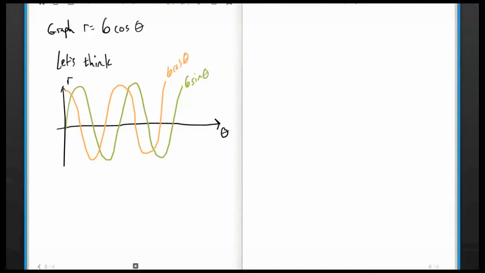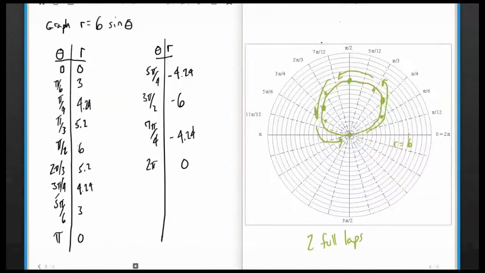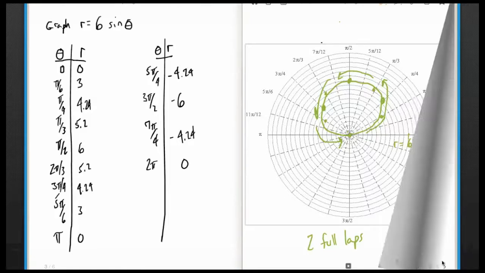So rather than making the whole same table of values, if I go back here, my values were 0, 3, 4.2, 5.2, and 6. But when it's the cosine, I'm going to start at the 6. So let's try to exploit that fact.